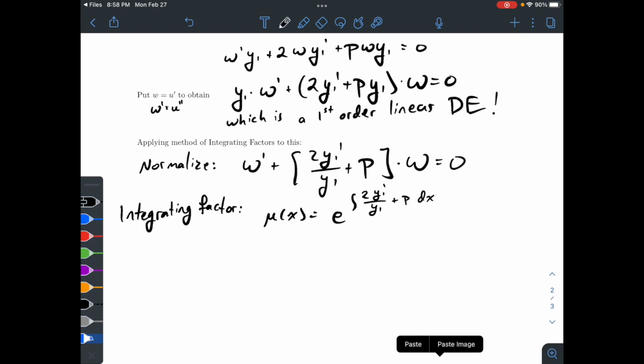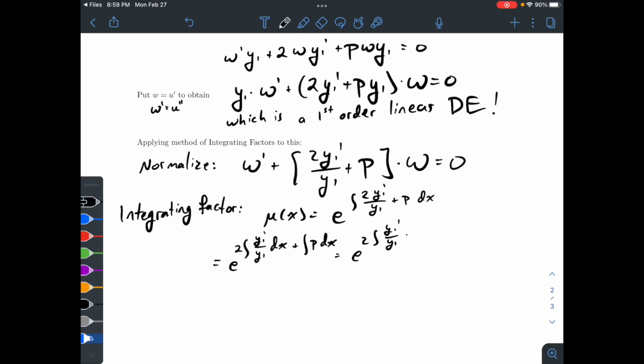All right, so we can simplify this a little bit. There's a tricky little integral thing that we can do here. I can pull out a 2 from that first thing. This is y1 prime over y1 dx, plus the integral of just p of x dx, which I could rewrite as e to the 2 integral y1 prime over y1 dx times e to the integral of p of x dx.